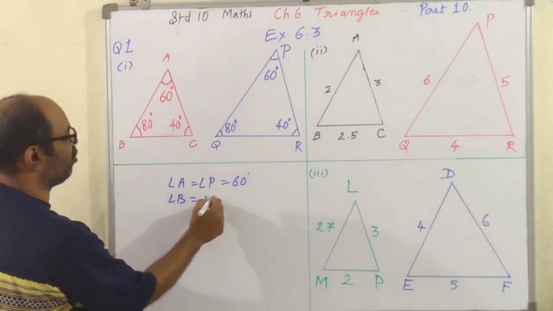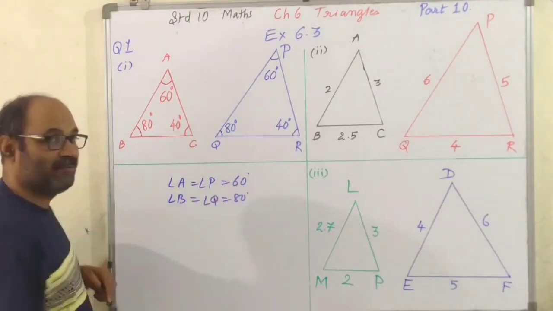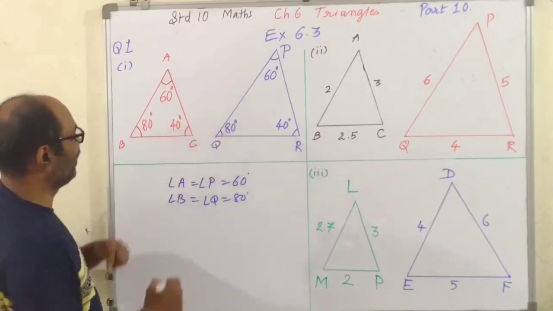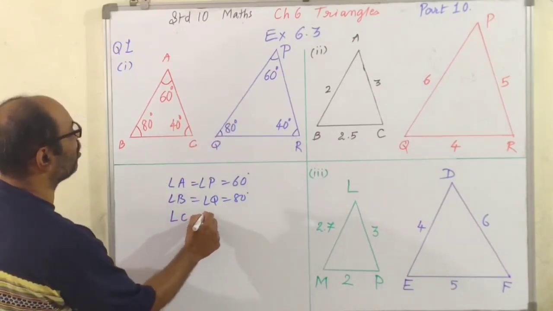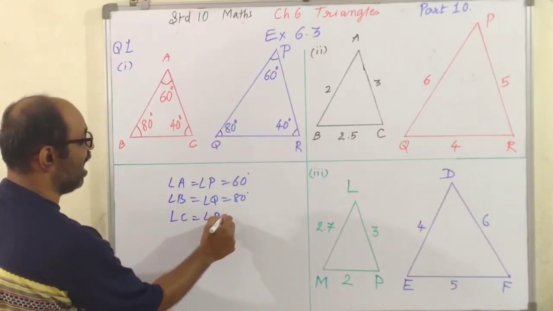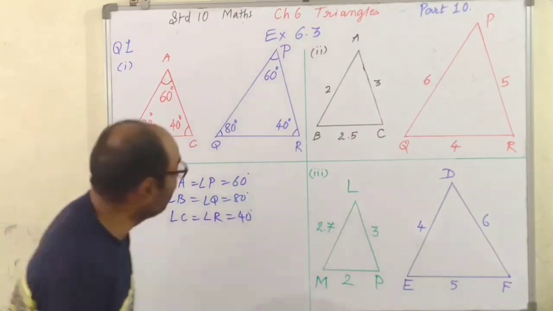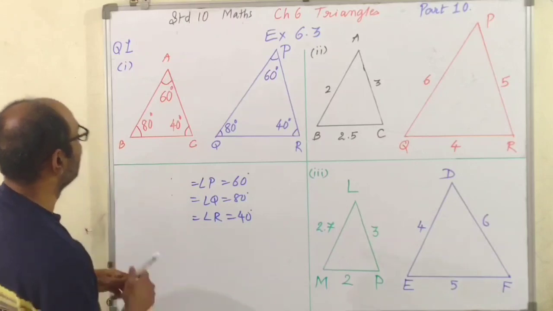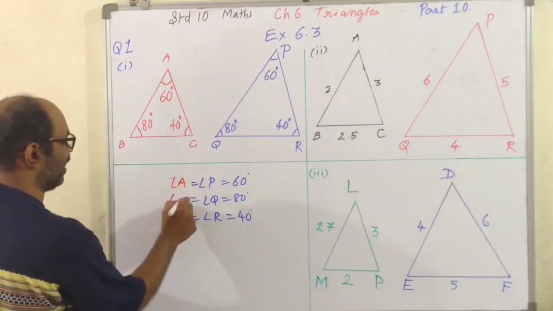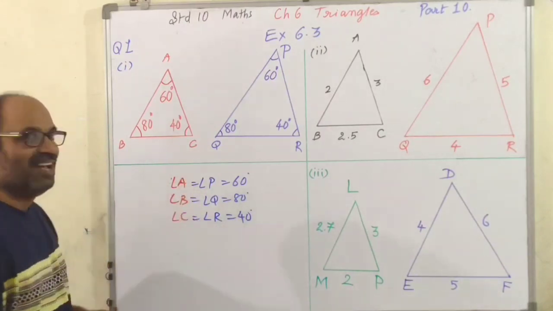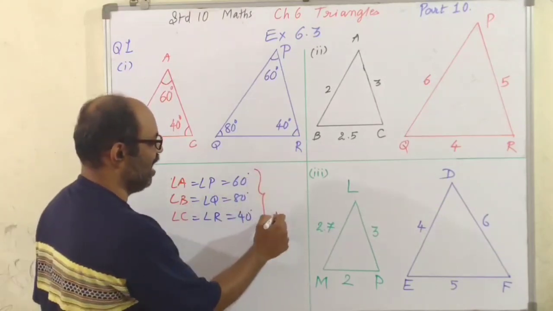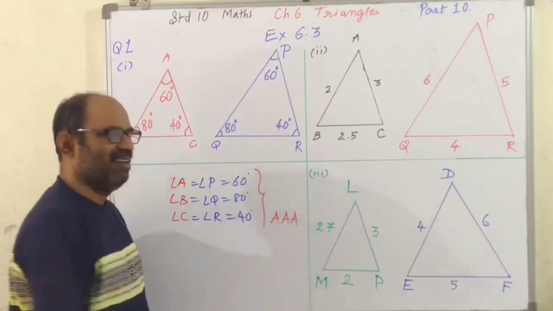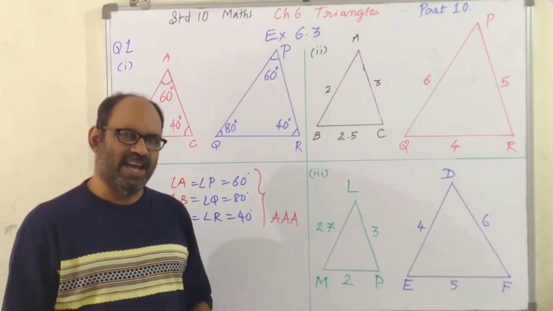Angle B equals angle Q equals 80 degrees. Angle C equals angle R equals 40 degrees. I'll change this color, children. This is angle A, angle B, angle C. Which condition is satisfied? AAA. Let's use this instead of AA.